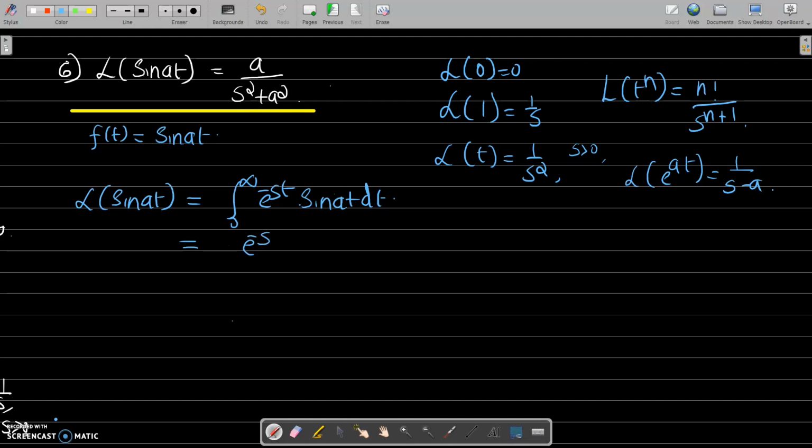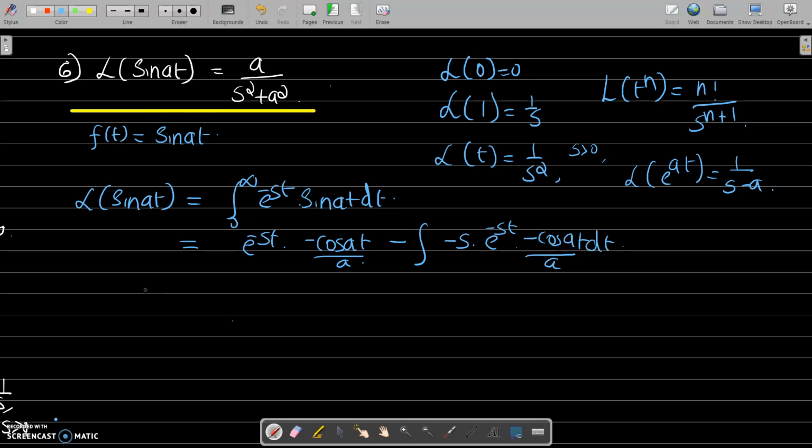So e raised to minus st into the integral of sin at, minus cos at divided by a, minus integral of derivative of e raised to minus st, that is minus s into e raised to minus st, into integral of the sin at, that is minus cos at divided by a into dt.